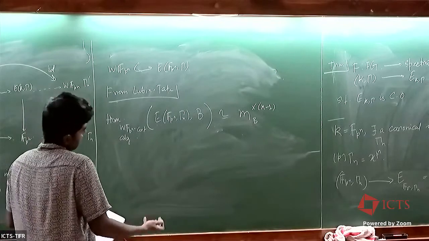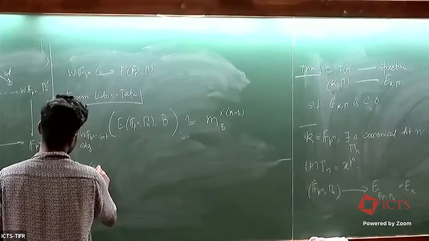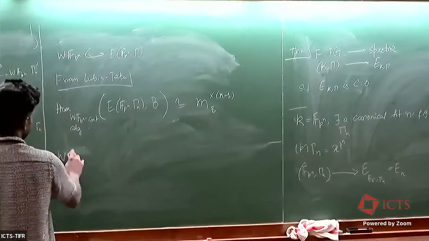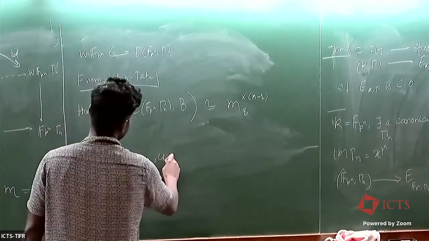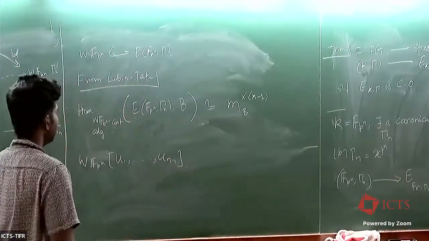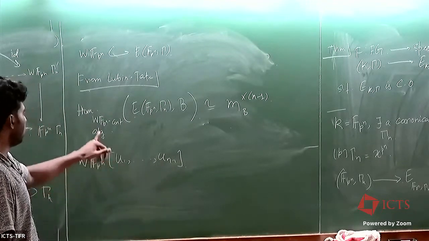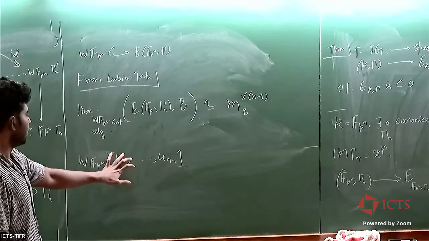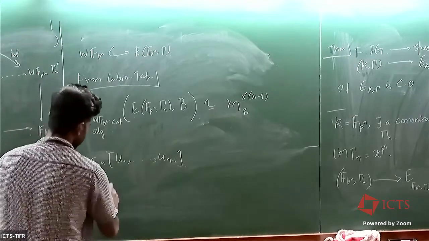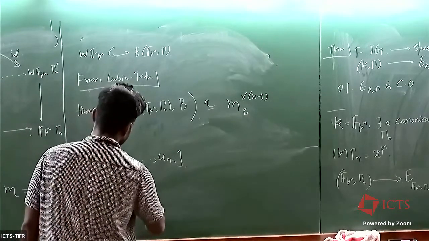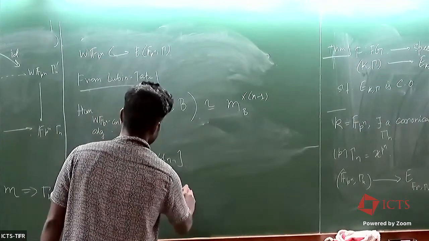So it prompts us to take E(F_p^n), because it already is a W(F_p^n) algebra. So what we do is adjoin polynomials. If you look at the homomorphisms from W(F_p^n)[u_1 to u_{n-1}], wherever each u_i goes, because it is a continuous map, it has to go to some element in M_B.